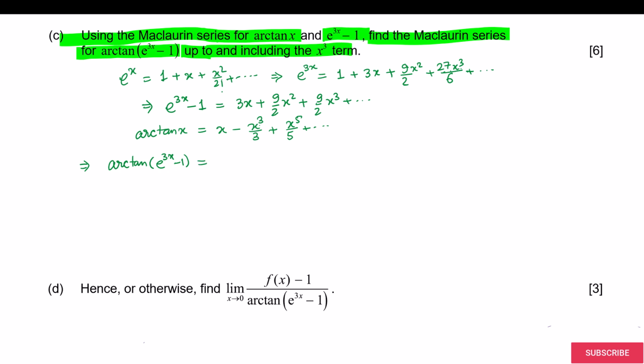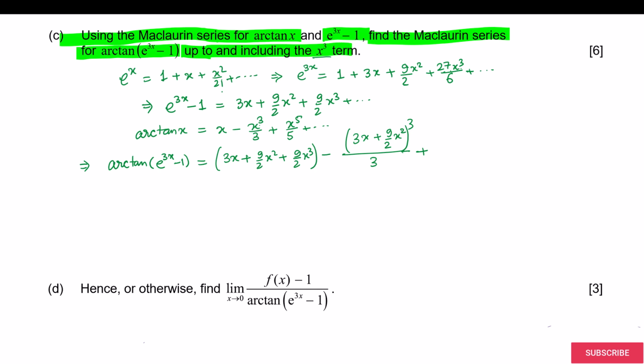In place of x I will use these first three terms, 3x plus 9 over 2 x squared plus 9 over 2 x cubed, minus, for the cube I will write just the first term and the second term, 3x plus 9 over 2 x squared, and then whole cube over 3, because we need the x cubed terms, and then plus x to the power 5.